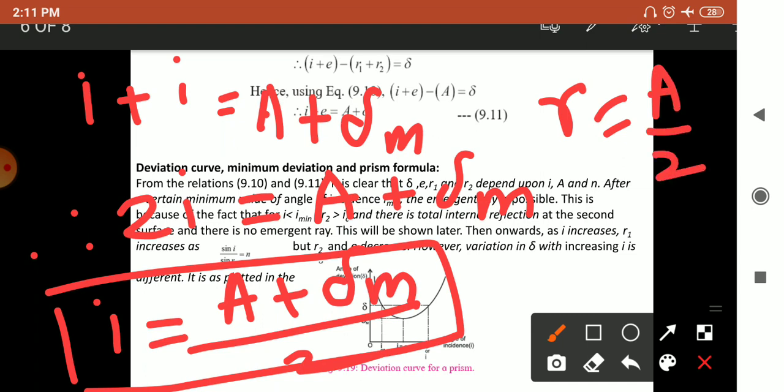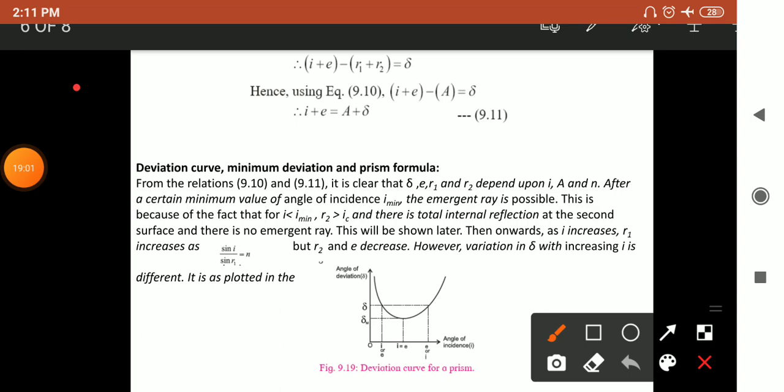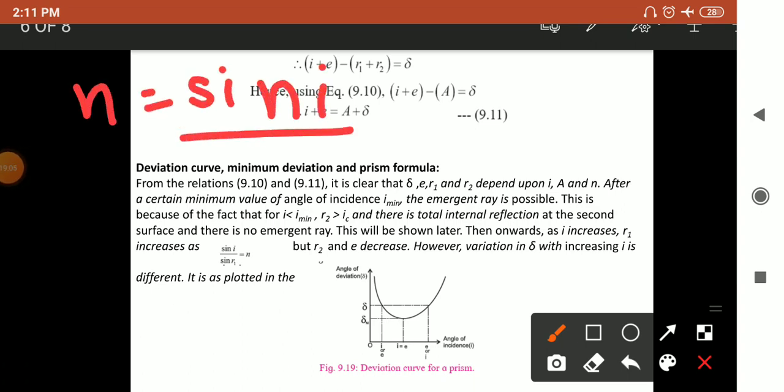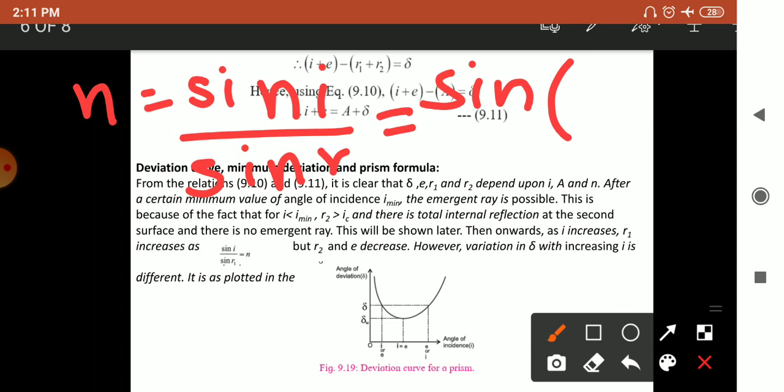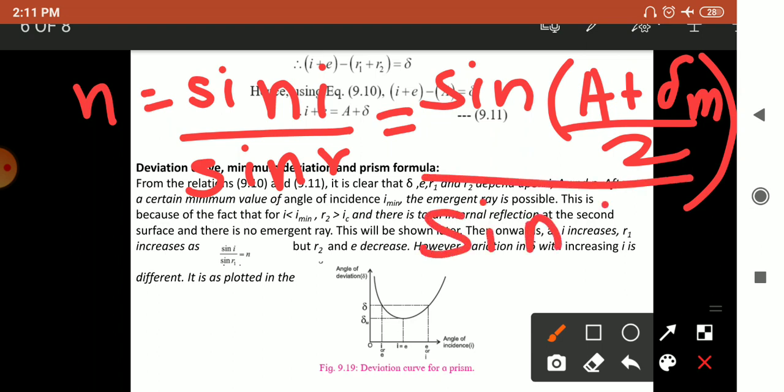So by putting these two values into refractive index, that is n equal to sin I upon sin R, we can write it as sin of A plus delta m upon 2 divided by sin A by 2.